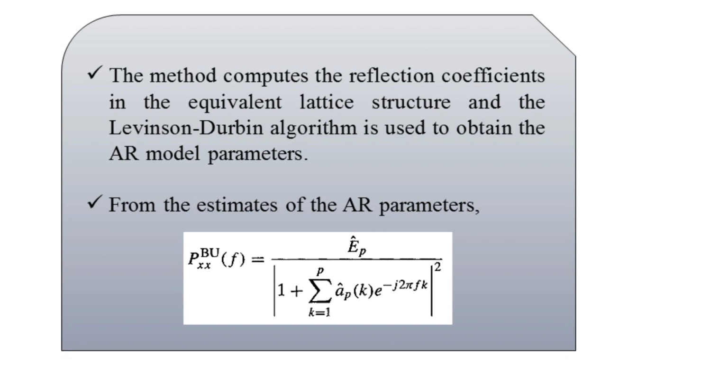From these estimates of the AR parameters we can have the power spectrum estimate, represented by capital P suffix xx with superscript BU, for the Burg algorithm, as a function of f. It is denoted by capital E cap suffix p divided by the magnitude squared of 1 added to the summation k equal to 1 to p of a cap suffix p of k multiplied by the exponential e to the power minus j 2 pi f k.